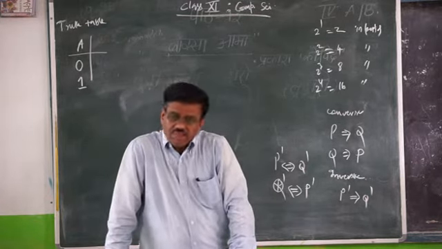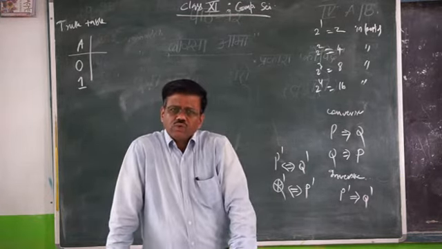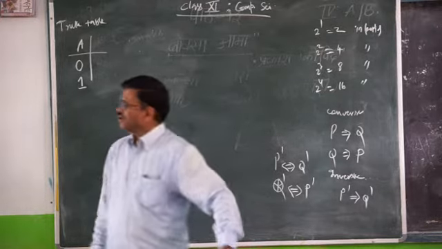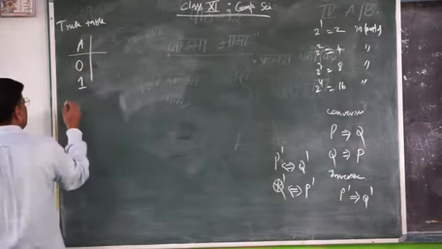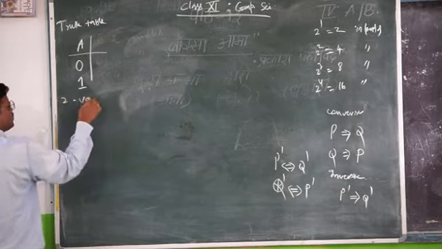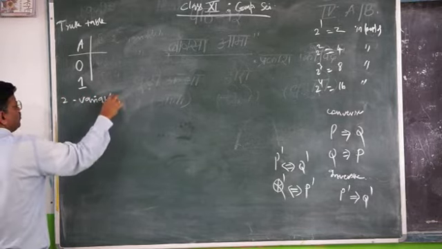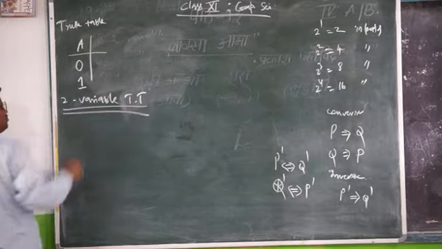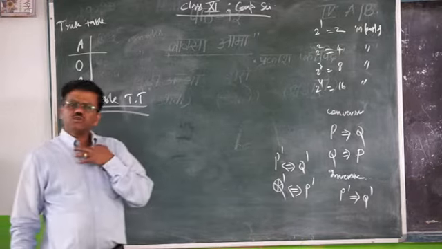So it's a healthy practice to begin your truth table with zeros. Okay? Here it's only 1 variable. Now imagine 2 variable truth table. TT is short form of truth table.